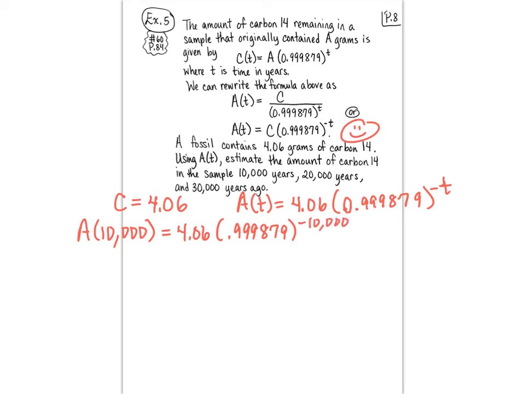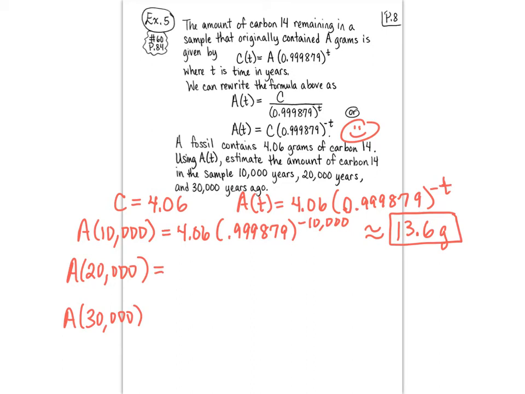Substitute that into your calculators, evaluate it, and it's approximately 13.6 grams. So that's what we get as the amount of carbon-14 in that sample of 4.06 grams of carbon-14 after 10,000 years. Okay? Now we need to find A of 20,000, and we need to find A of 30,000.